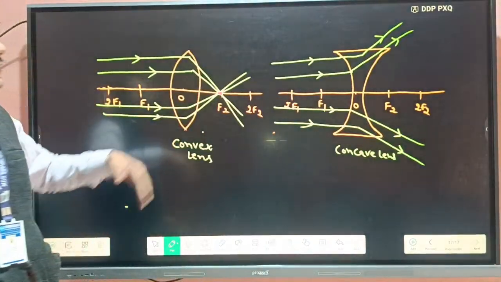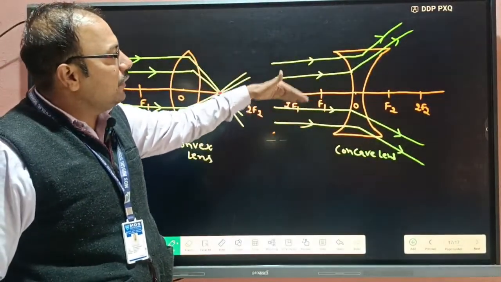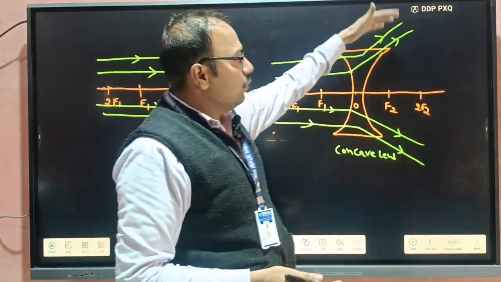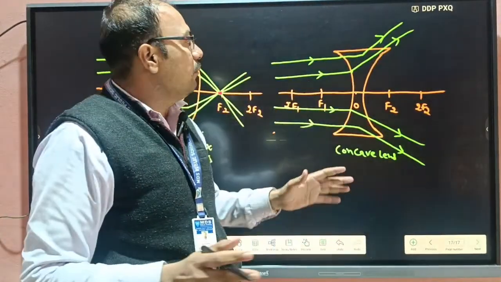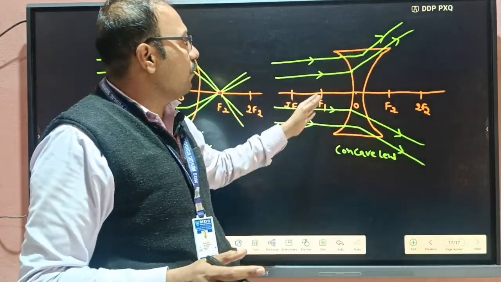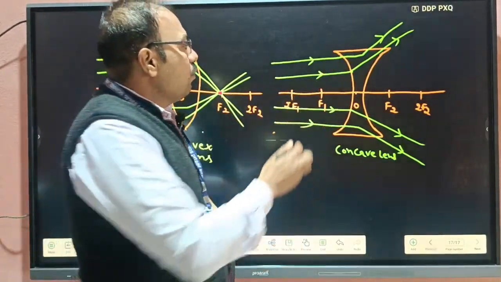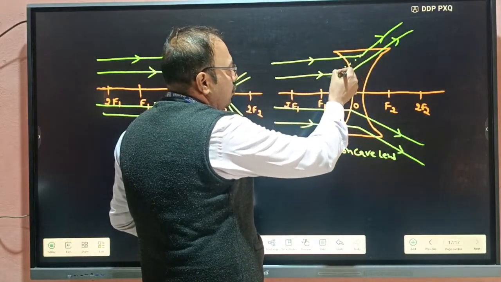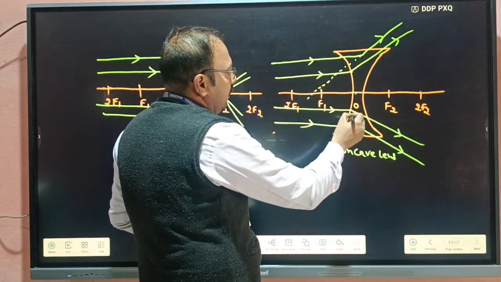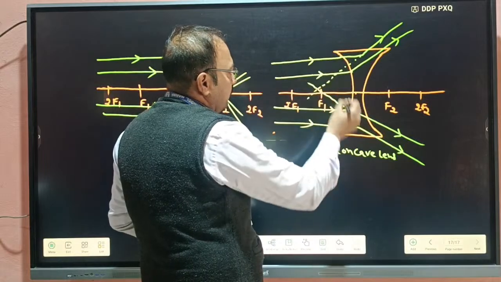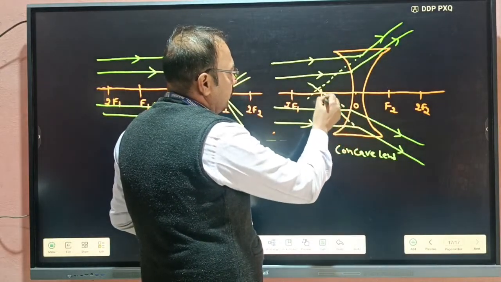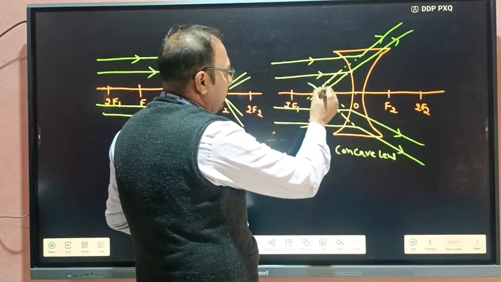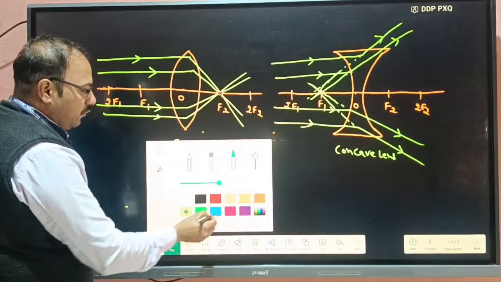So here you can see clearly that these rays are going in different directions. So they are spread. They never meet at any point, but their image is formed at a common point. That common point is F1. So if you extend these rays backward, where they cut at F1 like this, they form a common point here. This common point is known as the focus.